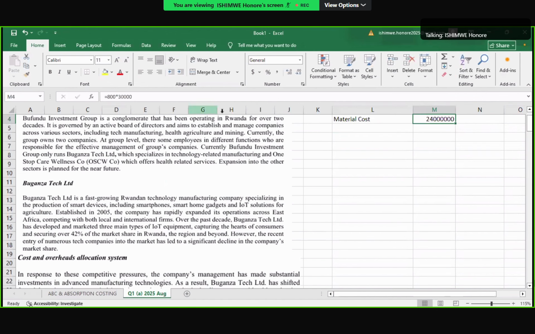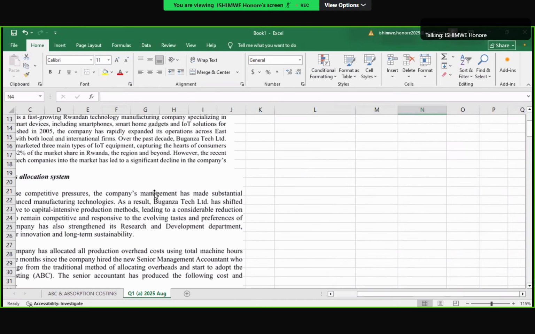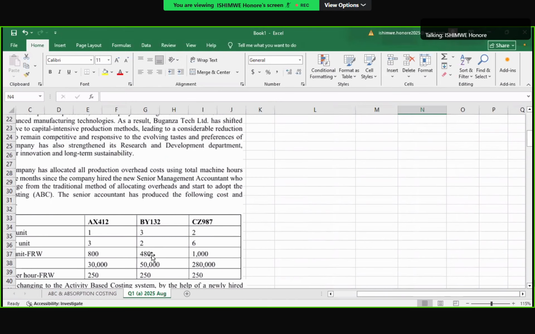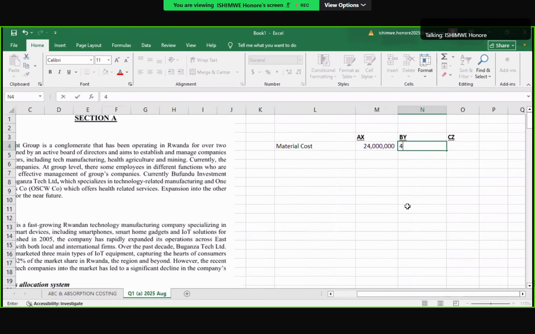Okay. This is a material cost. Now, for BY, I'm going to take 480 times 50,000. These are units they produce. At the end, that's what one unit to product is. Then the cost per unit.